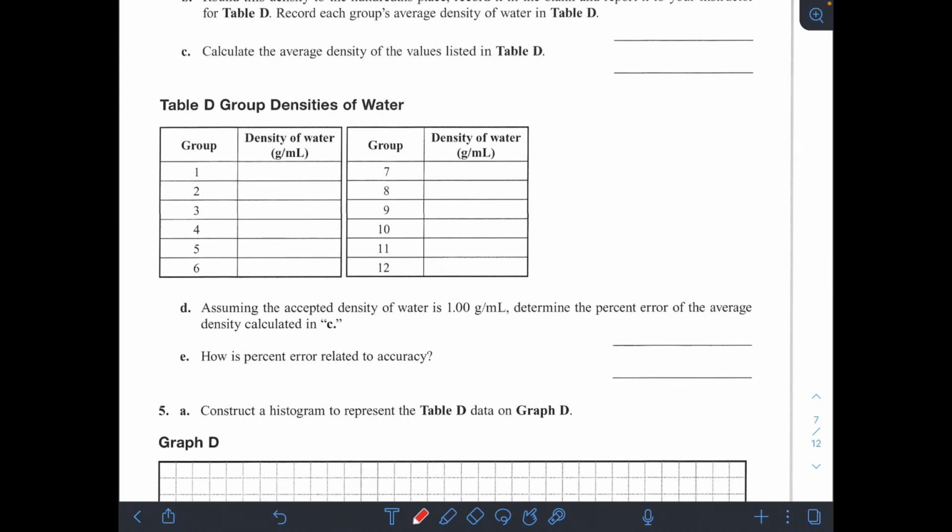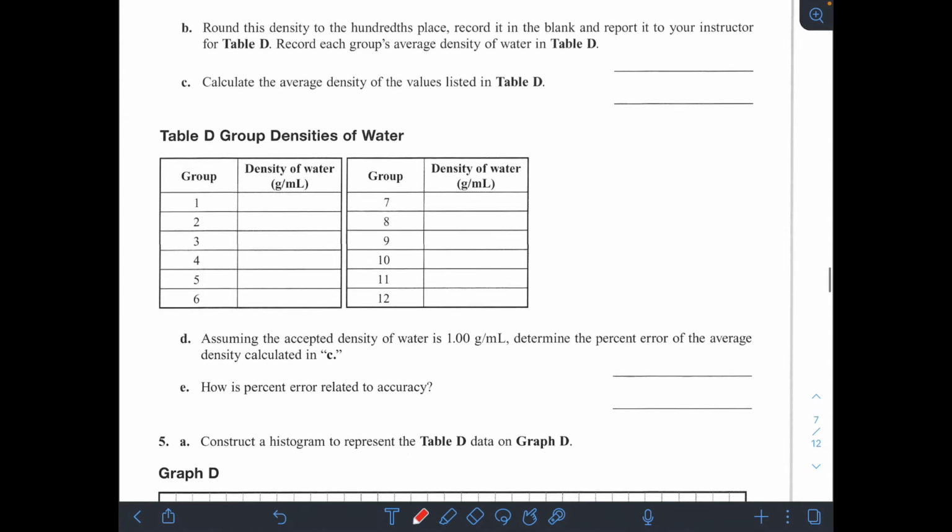Now, table D is using student data points from what would have been the groups in the class. And normally we would have had something like 12 groups, because there would normally be 24 people in the class. Right? So in the data that I send you, it will include a whole bunch of average densities.